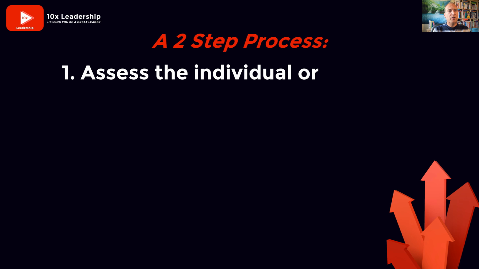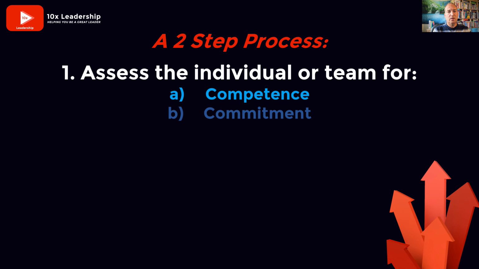So this is a really simple 2-step process, and the 2 steps are, first of all, you need to assess the individual or team, and what you're doing is you're assessing them for A, their competence, and B, their commitment. So, how good are they at the thing that you want them to do?